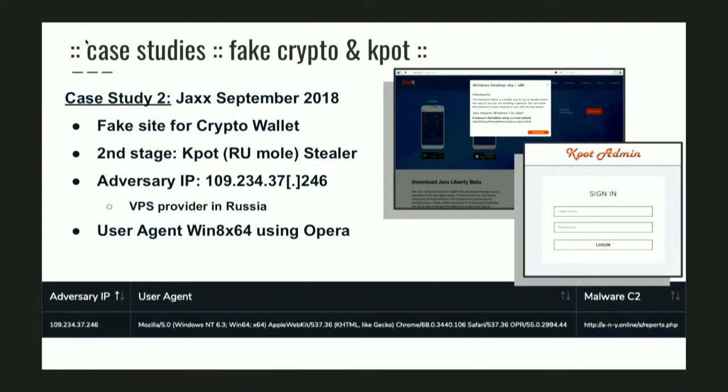They'll stand up a fake copy of that particular crypto software website, and then either by advertising that malicious link in crypto forums or just relying on Google SEO, victims will browse to that website and download malware as opposed to the crypto coin software. In these particular campaigns, it was downloading K-Pot, actually pronounced krot, which is the Russian word for mole. These were pointing back to a VPS provider in Russia.